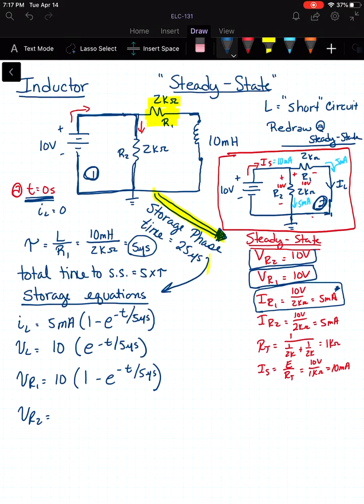So we're going to see 10 volts there, not only at t equals 0, but also at steady state, and it's not going to change between the t equals 0 and the 25 microseconds it takes to get to steady state. So that's just going to be 10, and it's not going to change. It is not time dependent.